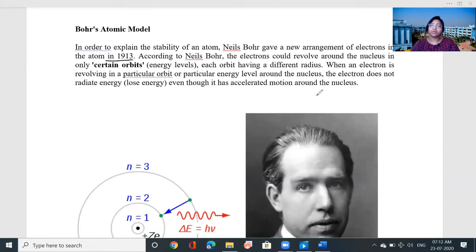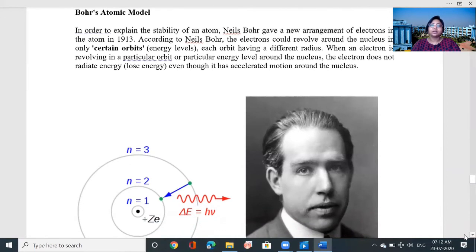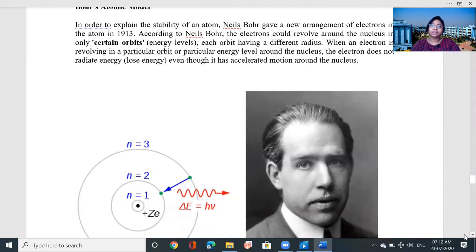According to Niels Bohr, the electron could revolve around the nucleus in only certain orbits. So Niels Bohr gave the explanation of the stability. He told that in a certain orbit, the electrons can revolve around the nucleus.